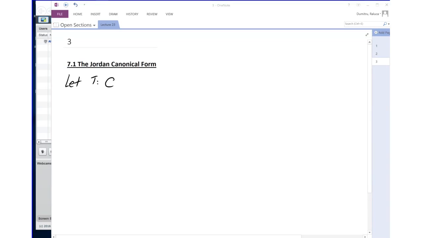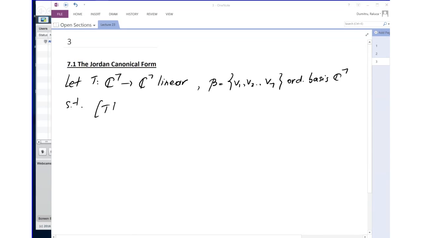So let's say you have a linear operator on C7, and beta is an ordered basis for C7, such that the matrix of your operator in the basis beta looks like this. It's going to be a 7 by 7 matrix, right?